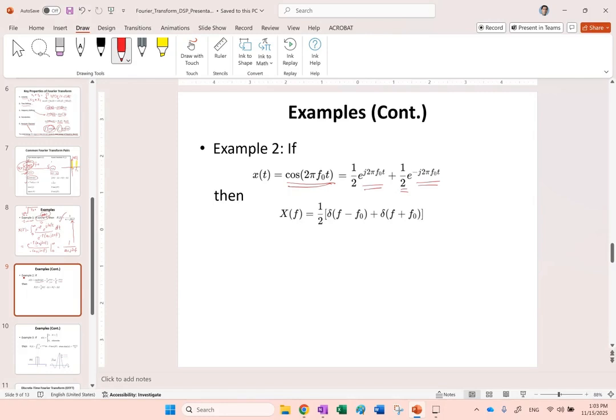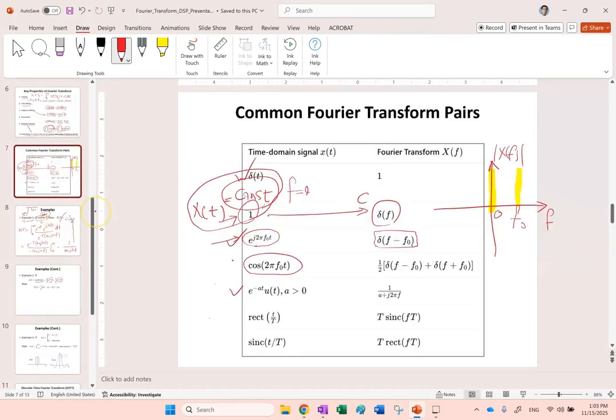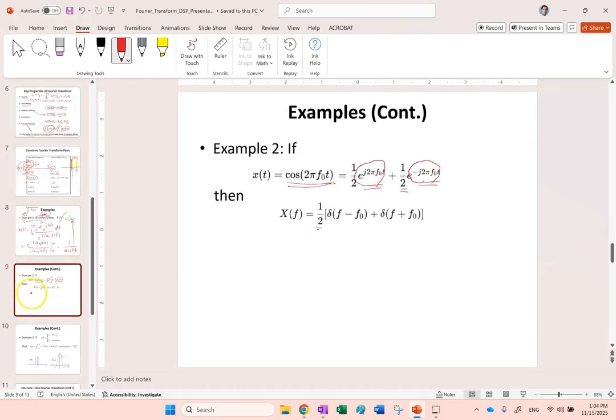There we go. So the transform of that is going to be 1/2 the Fourier transform of this plus 1/2 the Fourier transform of this one. And based on this property that we just learned, if we have a positive exponential, in the frequency domain there is a shift by positive f naught. If this is a negative exponential, that's going to be negative f naught. And that is these two that you will see. So if you look at a cosine function, what would you get?